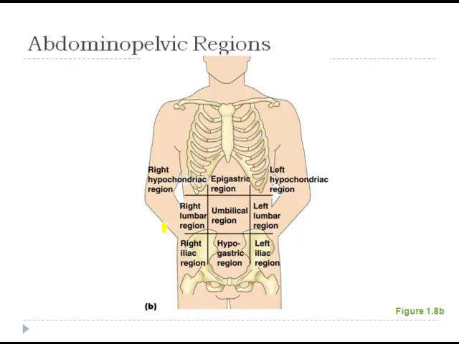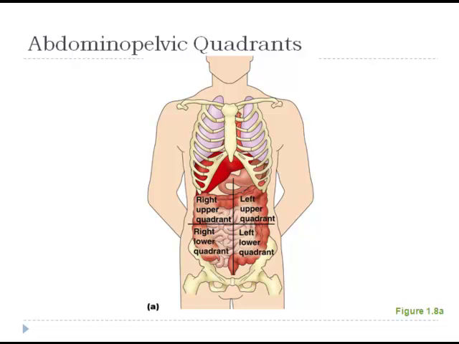Because it's such a large cavity, there's a lot of organs there. Doctors will either use these regions or these quadrants to talk about it. The quadrants aren't necessarily very difficult, right and left upper and right and left lower. Notice again, though, that the right side is referring to the patient's right side, left side referring to the patient's left side as well.